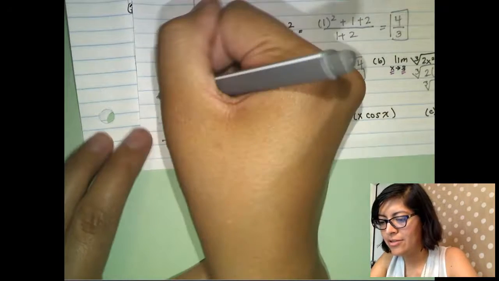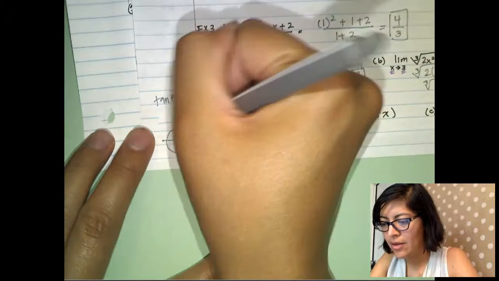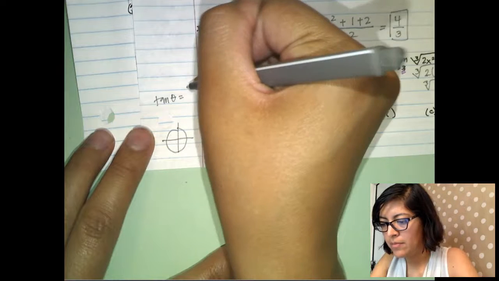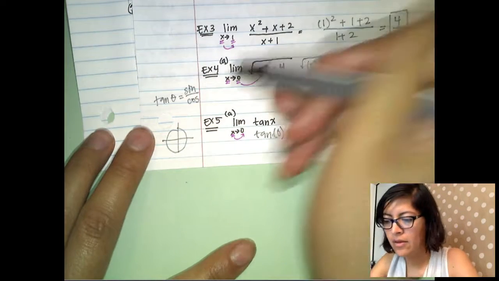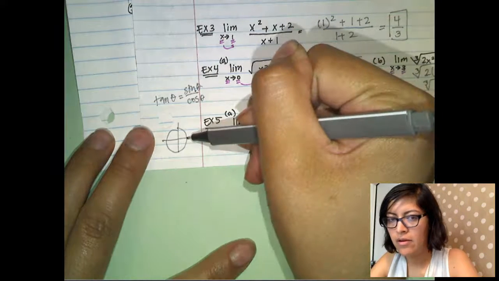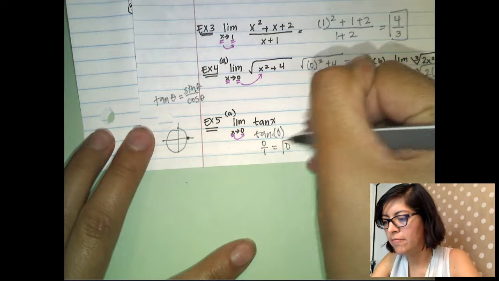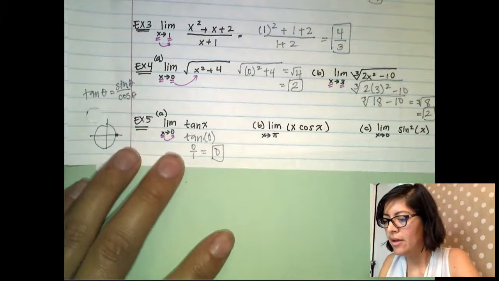Remember, tangent is sine over cosine. Sine in this case is 0, cosine is 1. This is 0 over 1, which is equal to 0. So that's 0, yay, nothing weird happened.